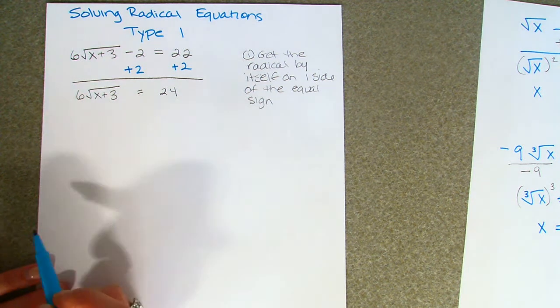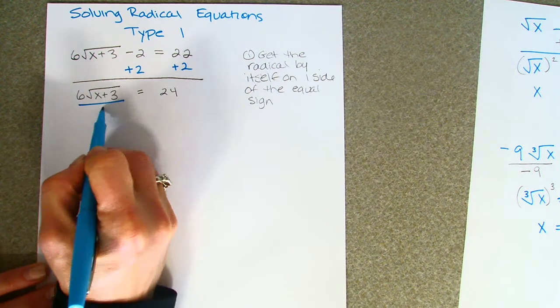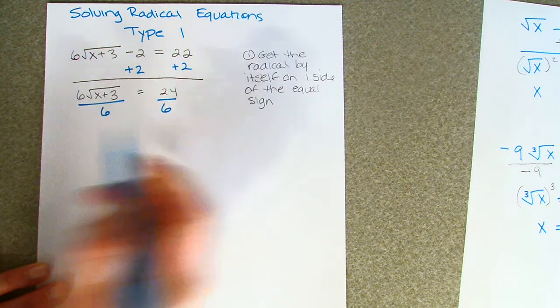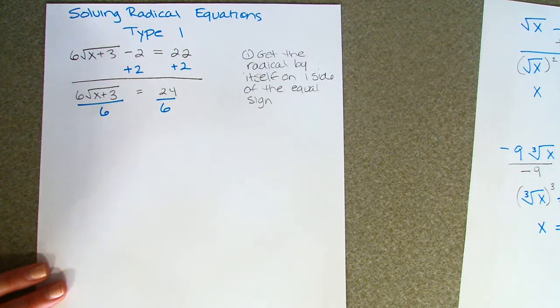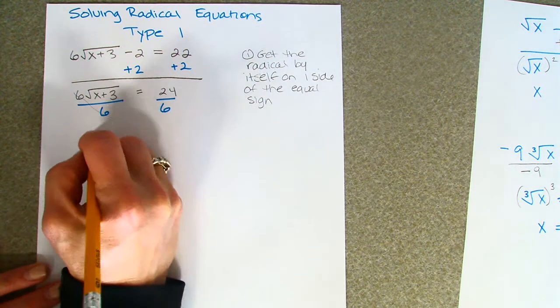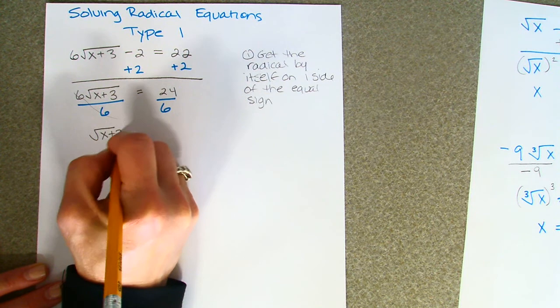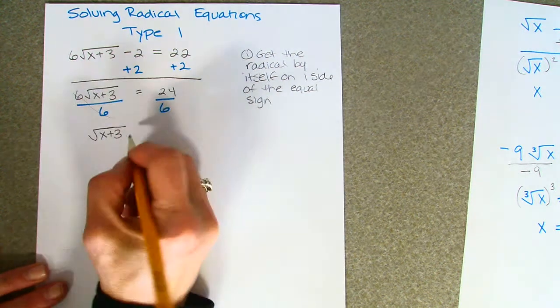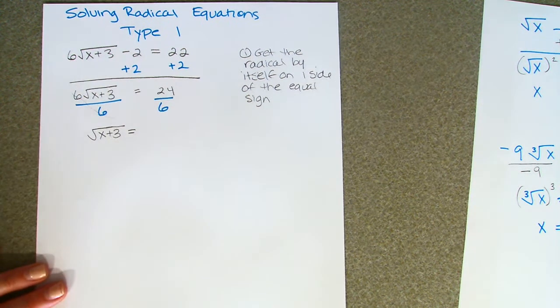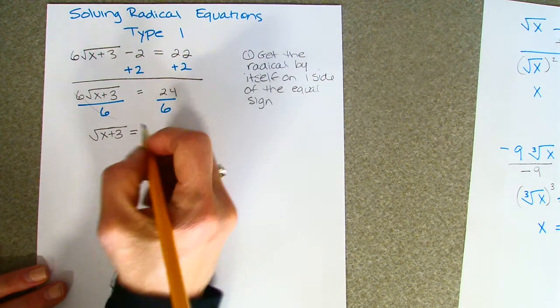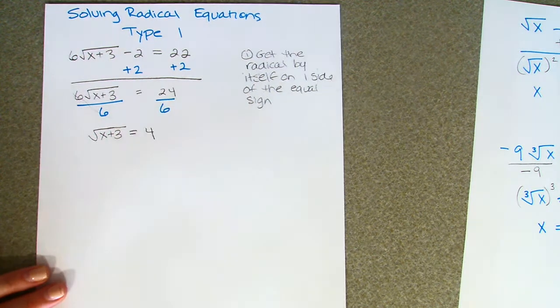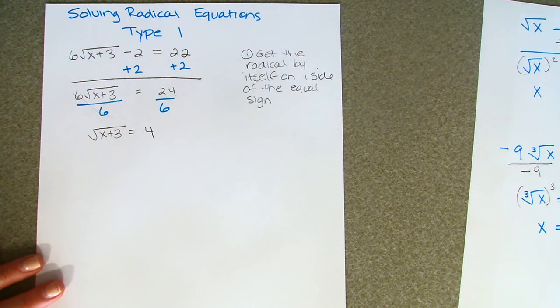Well, the opposite of multiplication is division, so we're going to divide both sides by 6. When we do that, these cancel out, so we're left with the square root of x plus 3 equals, and 24 divided by 6 is 4. All right, well, we've completed step 1, which is to get the radical by itself.